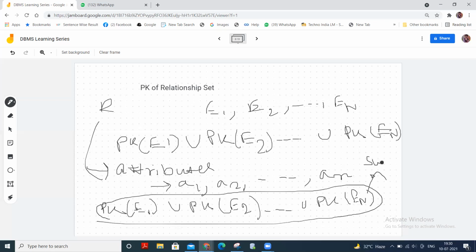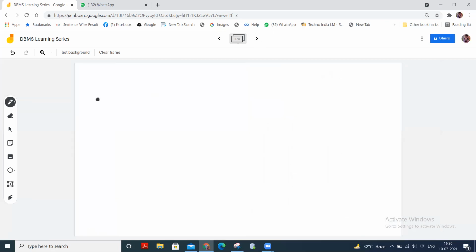So the collection of primary keys is mainly known as the super key here. So we conclude that the union of the primary keys of the related entity sets becomes a super key of the relation. And if the relationship is many to many, this super key is also the primary key.